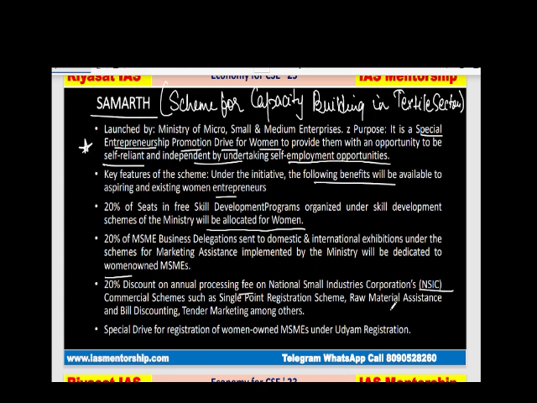Clear? Including raw material assistance, bill discounting, everything will be given to women. And there will also be a special drive for registration if women are starting an MSME under the Udyam registration. Very important point written here.